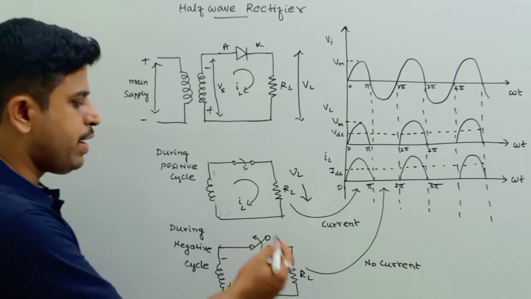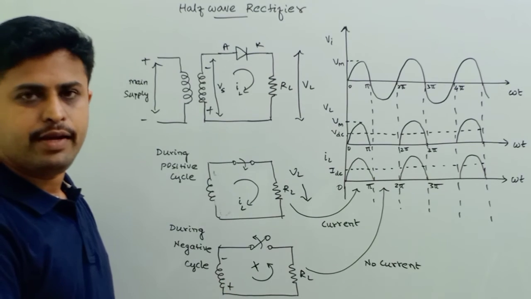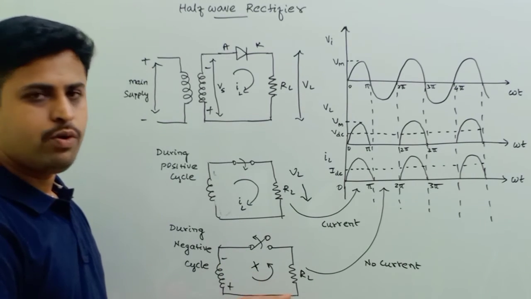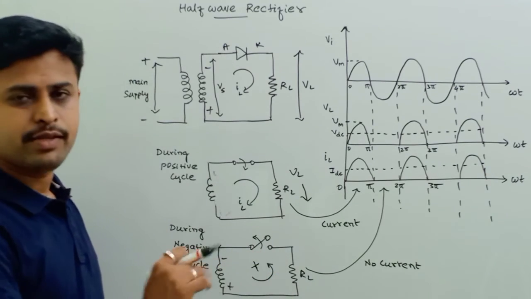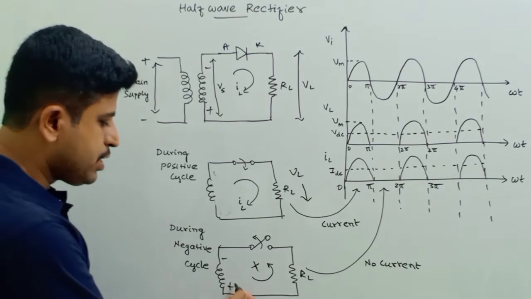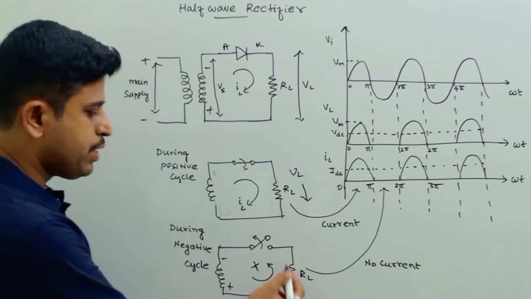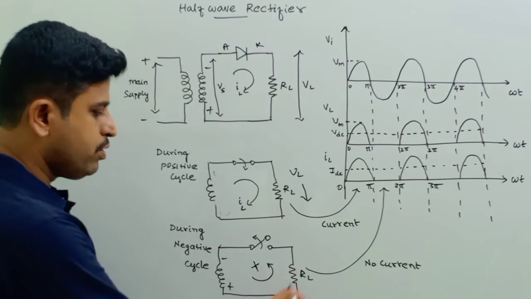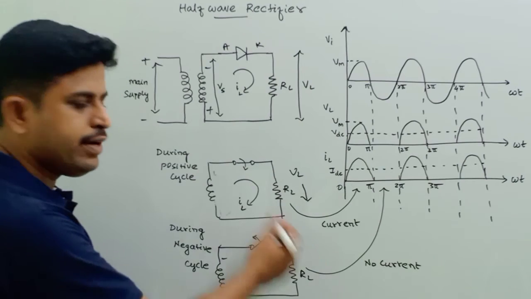Once the diode acts as a switch off, it disconnects the load like this. It acts as an open circuit, and there is no provision for the current to flow from the positive terminal to the negative. Therefore the current cannot flow and complete the path.